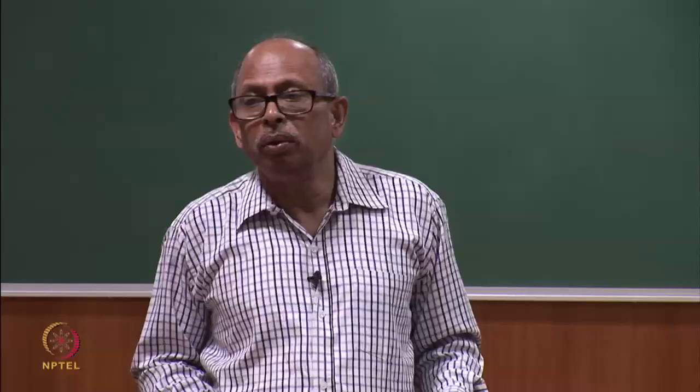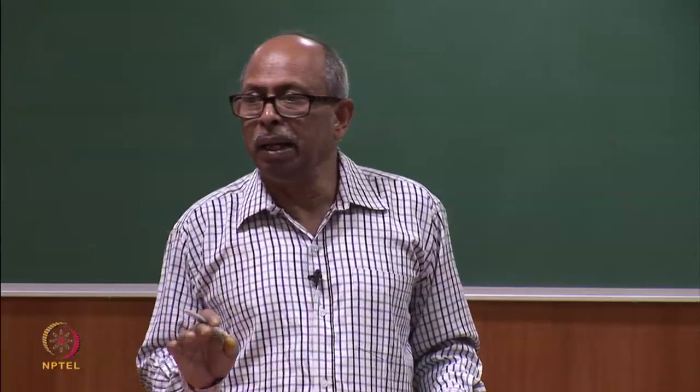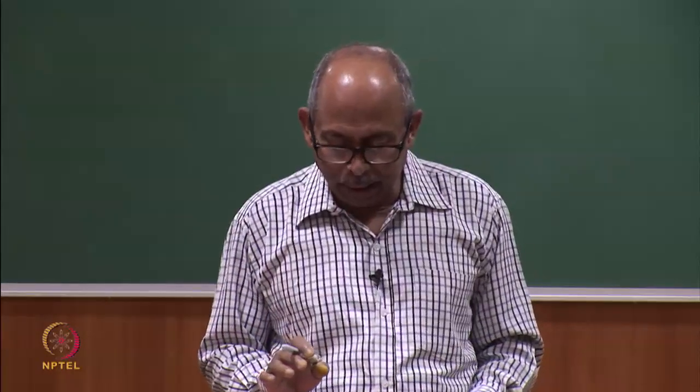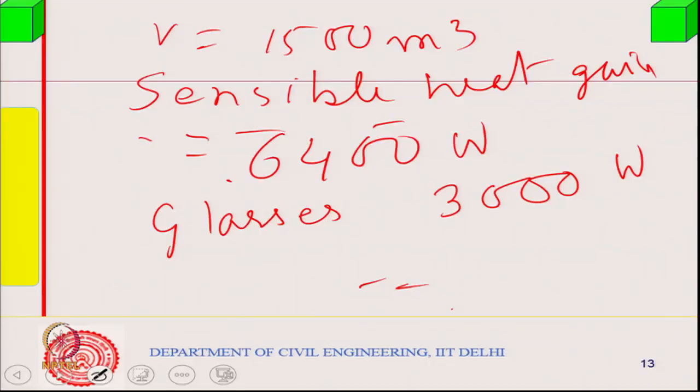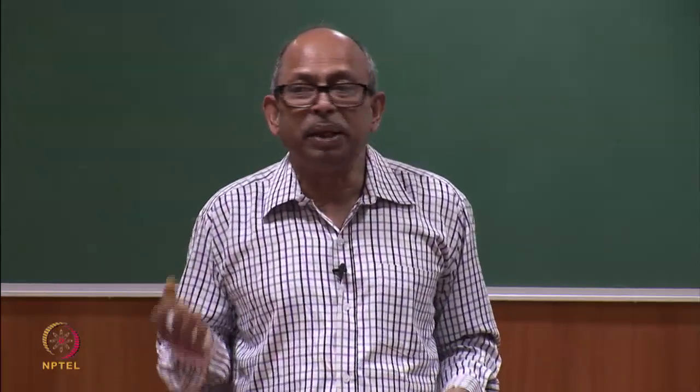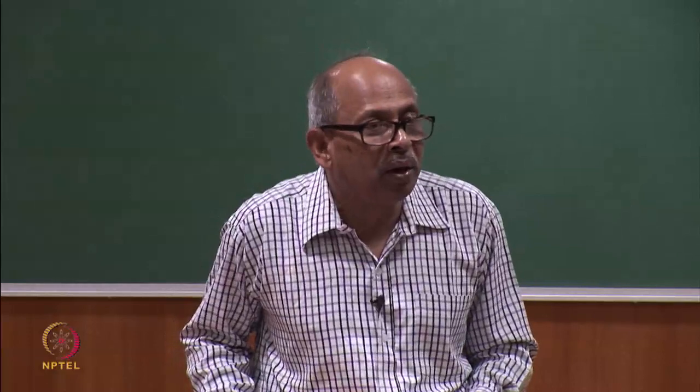So, 90 into 100 people, because at any time I am designing for 100 people sitting. It makes no difference how many hours, because I am calculating the rate of heat flow.